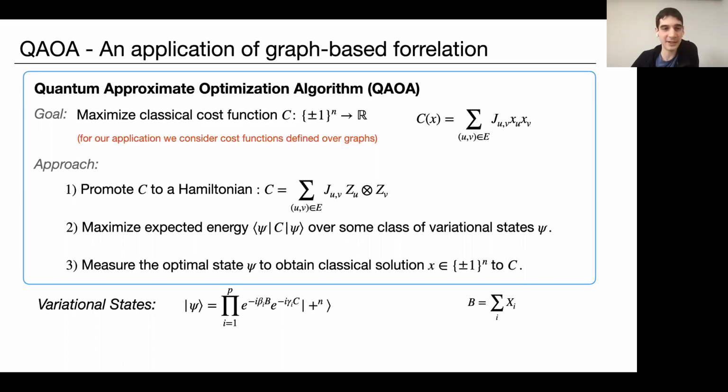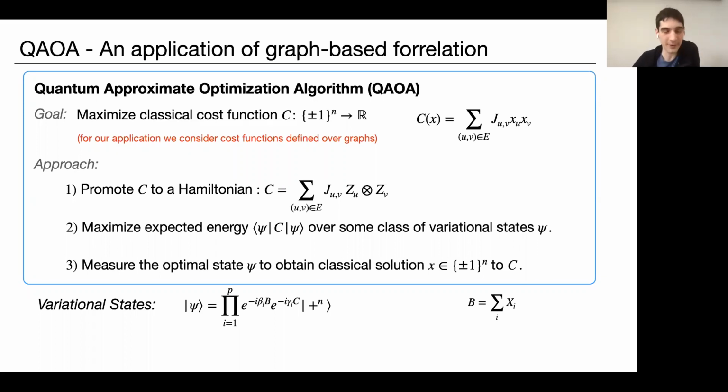But unfortunately, the problem is that this second step is really the bottleneck. We really only have general classical algorithms which can compute this maximum energy and solve for this state when P is 1. And that's not very satisfying, in particular because it's been shown that, at least in some restricted cases, P equals 1 is a provably suboptimal solution.